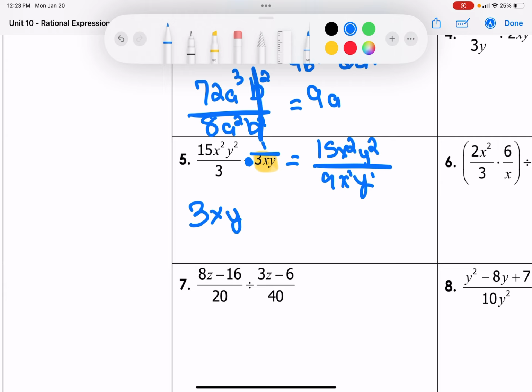Oh, this is where I messed up. Okay, hold on, guys. So this part is right: 15x squared y squared over 9xy. But now when I simplify it, 3 goes into 15 5 times, and 3 goes into 9 3 times. So now this gives me 5xy over 3. And that's my final answer. Sorry.